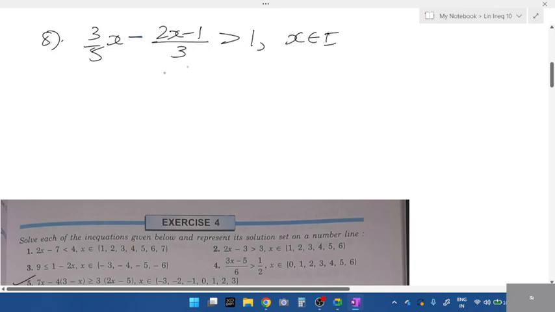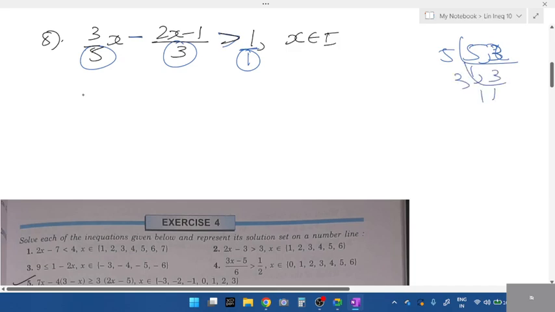We need to take LCM. Total how many denominators are there? We have 5 here, 3, right? And right hand side, what do we have? We have 1. LCM, you can take it however you want. So I would suggest take LCM for all 3. What's the LCM you get for 5 and 3? 15, right?